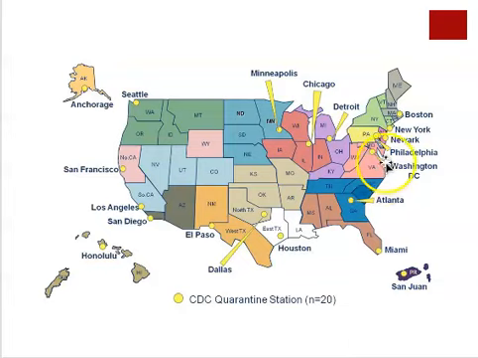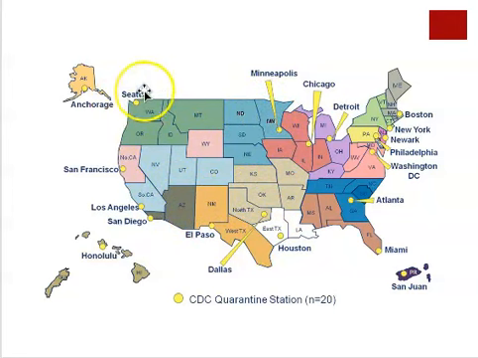If you look, there are several quarantine stations in the northeast part of the country, including in Boston and in New York. There are quarantine stations in Detroit, in Chicago, in Minneapolis. There are not any quarantine stations in the middle part of the country, but that's most likely because of the rural populations in that area.